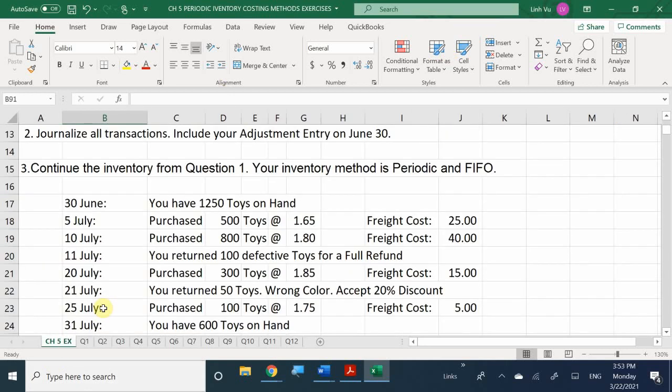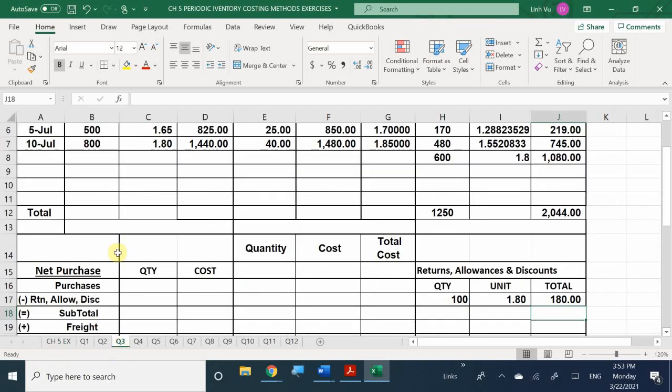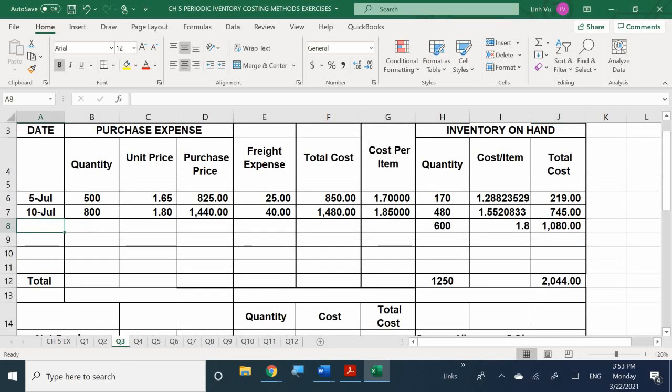So now, what has happened on July 20th? We purchased an additional 300 toys at $1.85 with the freight costing $15. So, question 3. July 20th, we purchased 300 units at $1.85 with a freight of $15.